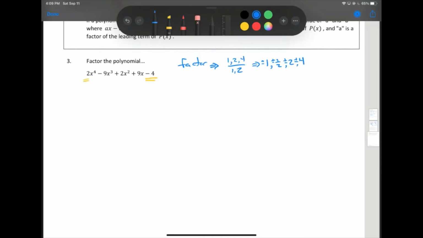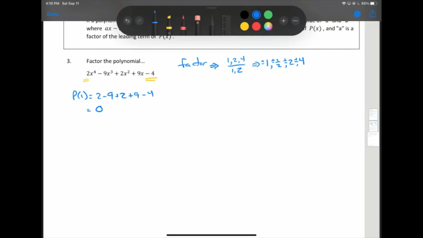Well, again, we get to choose which one we want to do first of our 8. I would suggest that plus 1 is always going to be the easiest one to look for. So let's try plugging in plus 1. The polynomial at 1 will equal 2 minus 9 plus 2 plus 9 minus 4. Yep, that's 0. That one works. So we found one of our factors. We could try doing more now, or we can do long division, find out our third degree polynomial and work from there.